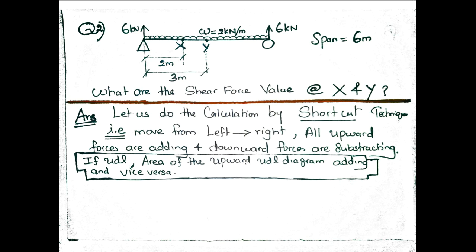All upward forces are adding and downward forces are subtracting. In the case of UDL, we consider the area of the UDL diagram as a force. Area of an upward UDL diagram is added and vice versa, area of a downward UDL diagram is subtracted.